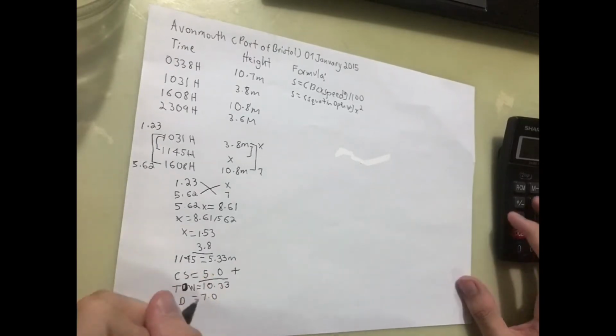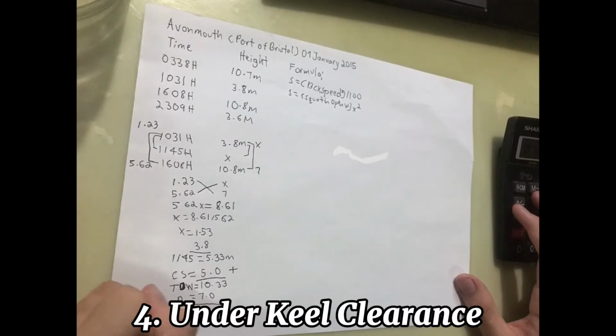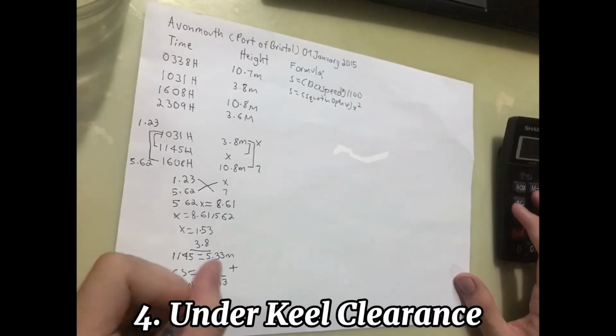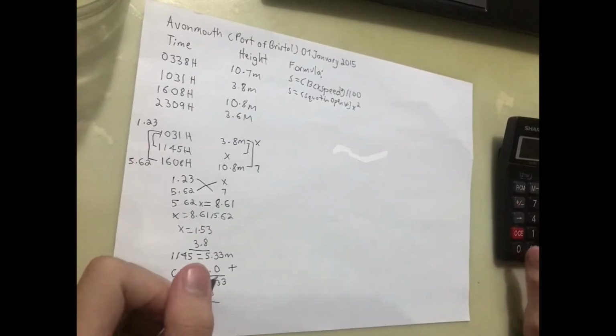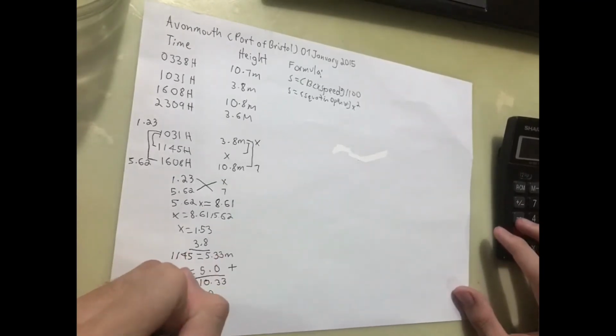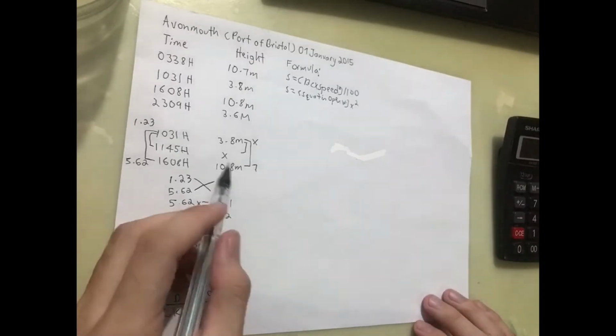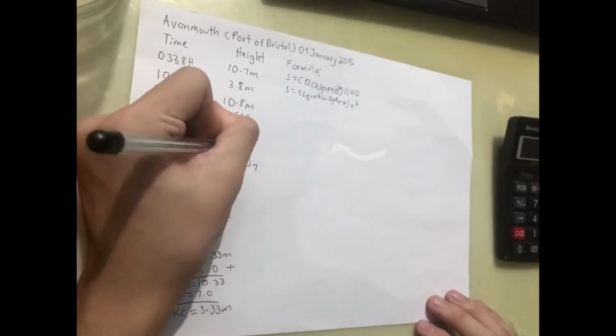Then we subtract it from the TW to get the UKC, also known as under keel clearance. 10.33 m minus 7.0, our under keel clearance is 3.33.